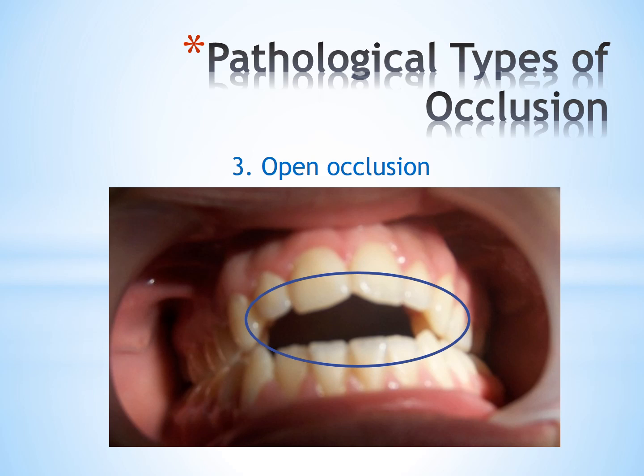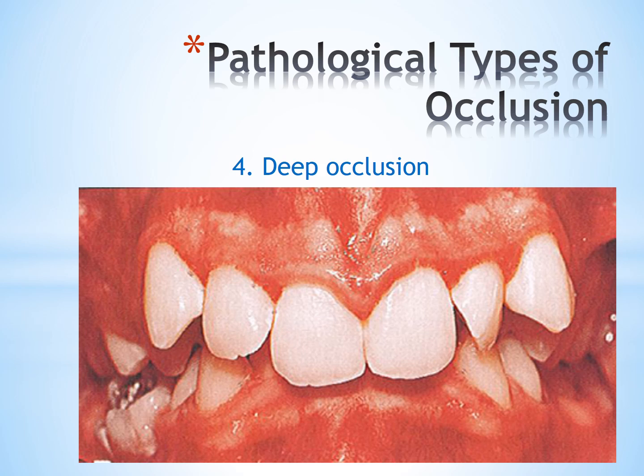Open occlusion can be frontal or distal, and distal open occlusion can be one-sided or both-sided. And the opposite situation from open occlusion is deep occlusion. Deep occlusion is a situation when upper frontal teeth cover lower frontal teeth more than one third of the crown length of the lower frontal teeth.